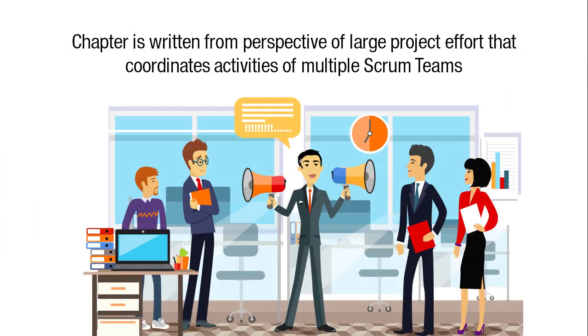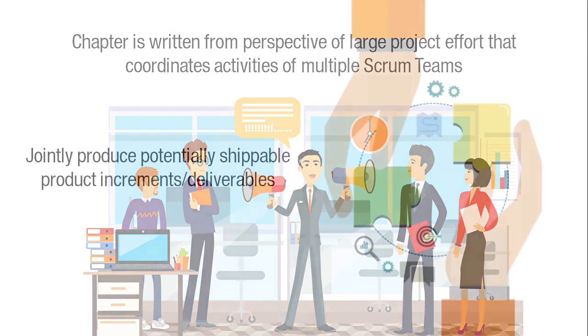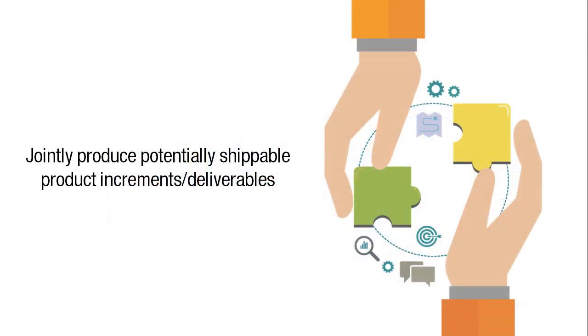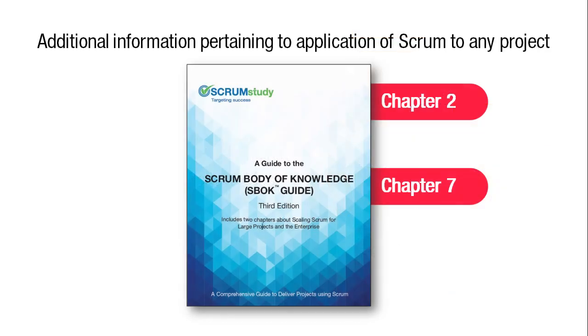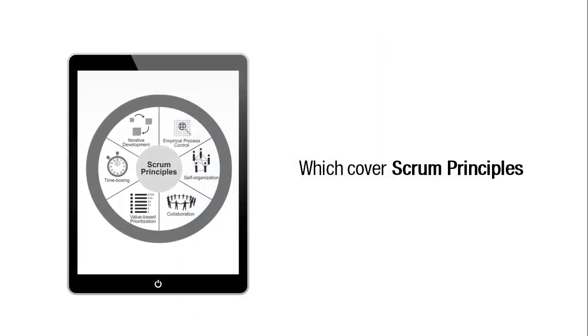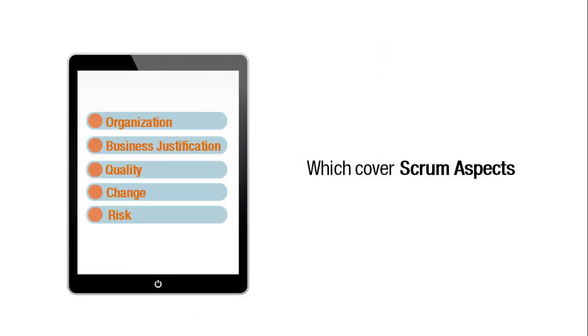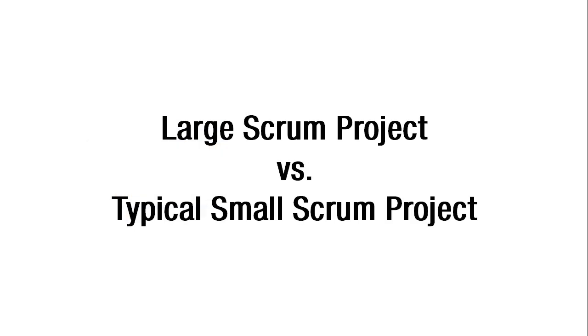This chapter is written from the perspective of a large project effort that coordinates activities of multiple Scrum teams to jointly produce potentially shippable product increments, deliverables. Additional information pertaining to the application of Scrum to any project, large or small, can be found under Scrum Principles and Scrum Aspects. The next concept we shall learn is about large Scrum project versus typical small Scrum project.